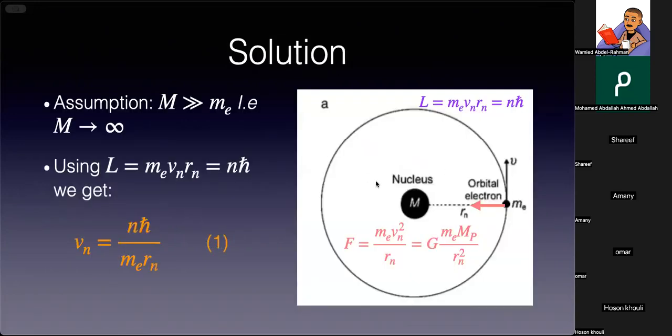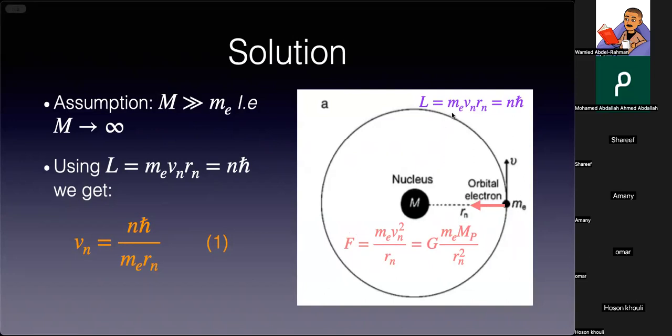So this is, again, the same figure for the Bohr radius. We're going to assume the mass of the nucleus is much larger than the mass of the electron, in order not to take the center of mass correction and so on. And we're going to replace the force by the gravitational force.